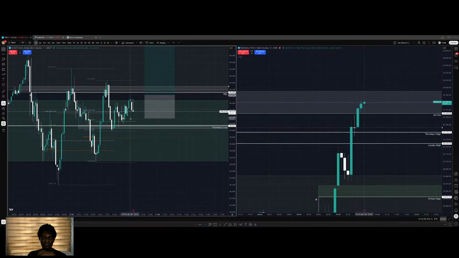We're still finding it hard to close above this gap. And now we just embedded.